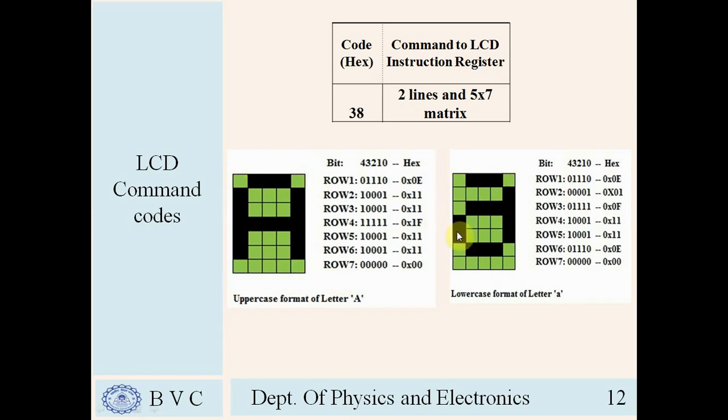So what is this 5 by 7? 2 lines, 5 by 7 matrix. This is one such character, capital A, and this is another character, small a. Capital A is arranged in these particular boxes. You can see there are 1, 2, 3, 4, 5 columns, and 1, 2, 3, 4, 5, 6, 7 rows. So it's a 5 by 7 matrix, 5 columns and 7 rows.